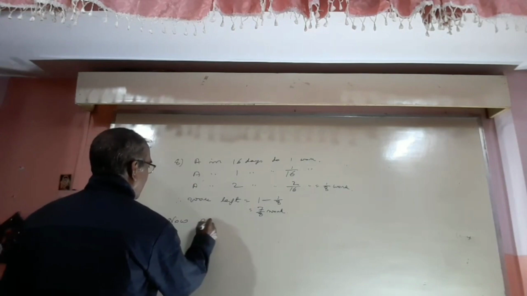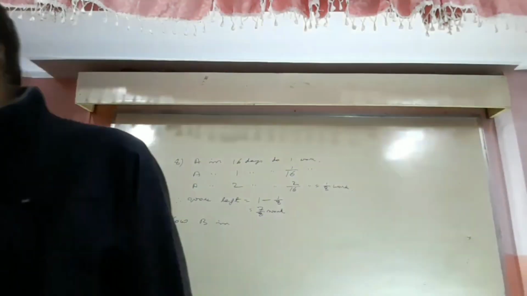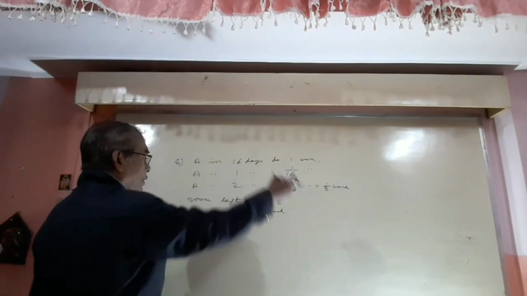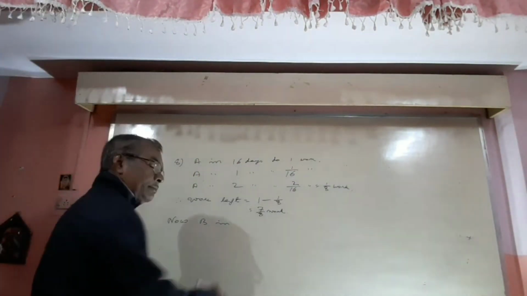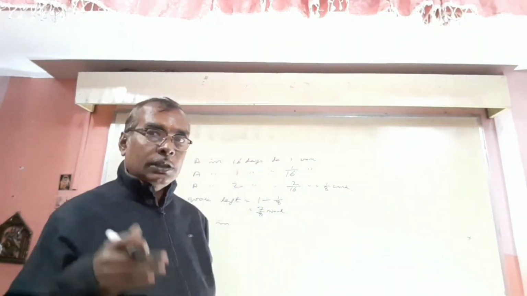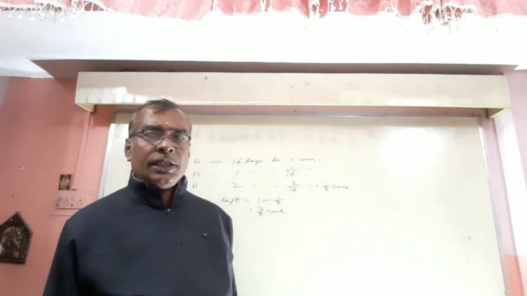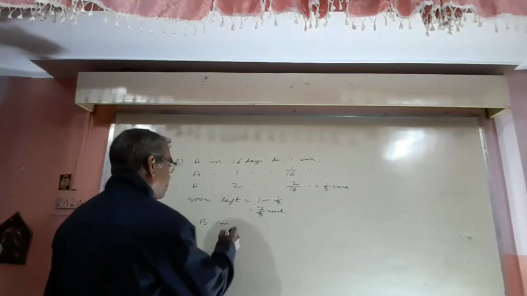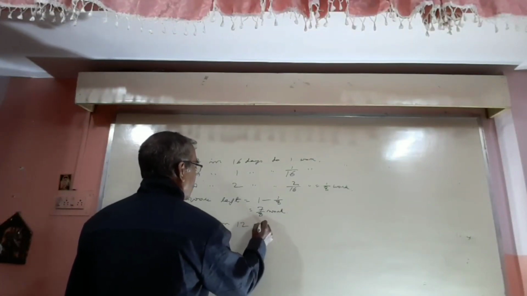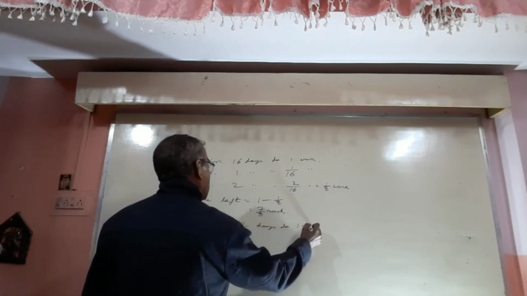Now B in 12 days, A in 16 days doing the work, and B, a little bit efficient, is going to finish the work in 12 days, not in 16 days. So B is more efficient than A. So B in 12 days does one work.